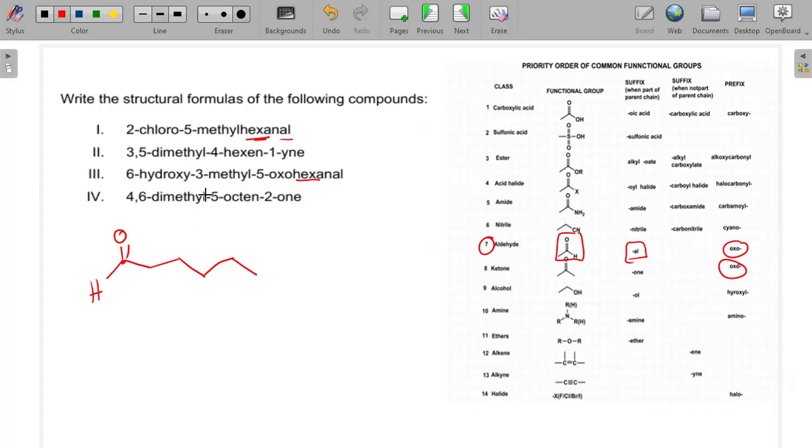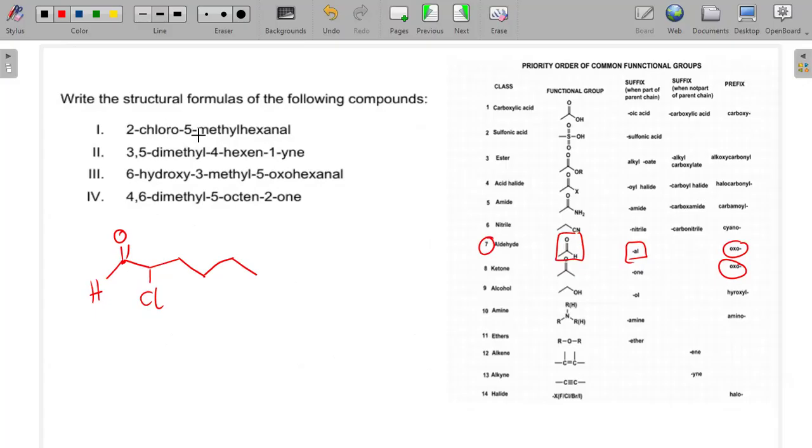The next thing we'll have to consider are the substituents that are there. You notice that here we are having 2-chloro. It means that at position number 2 we have a chlorine attached there, right? When a halide is a substituent, it's going to end with chloro.